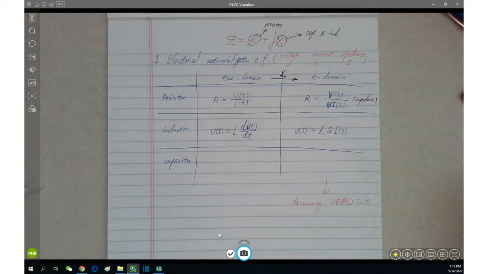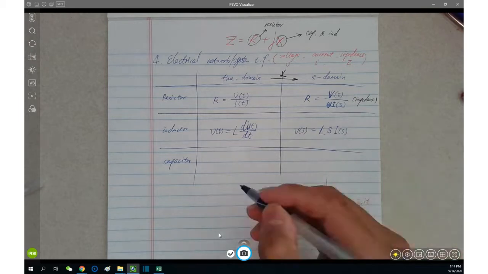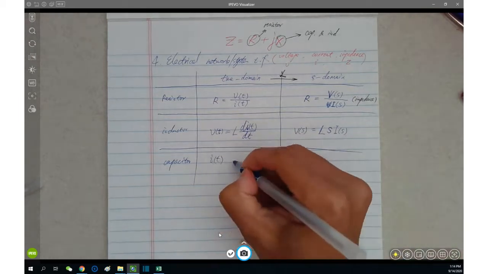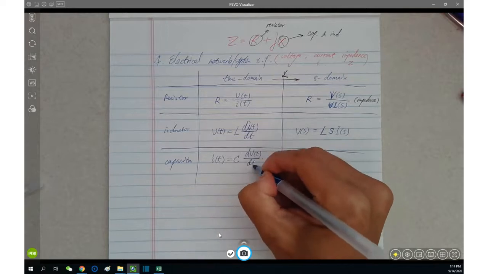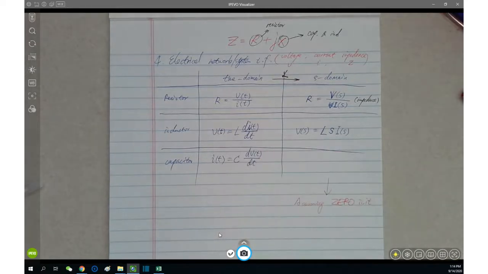All right, for the capacitor, what do we have? This time it is not the voltage but the current of the capacitor that is equal to capacitance times the derivative of the voltage across it.